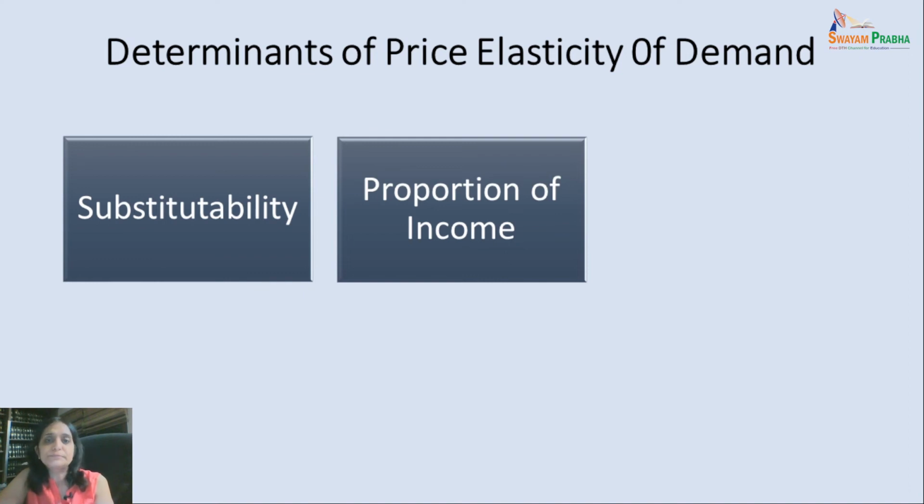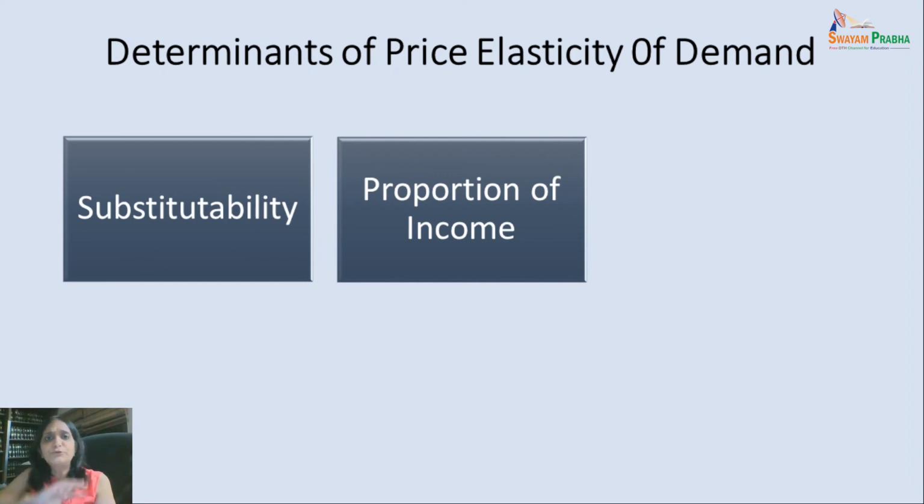For example, if out of your total monthly income, you are spending a lot on petrol, and if petrol prices rise very sharply, you will become very conscious about the use of your vehicle, because petrol has become expensive. Whereas if you are spending a very small proportion of your income on a particular product, you will not be very conscious about the change in price of that product.